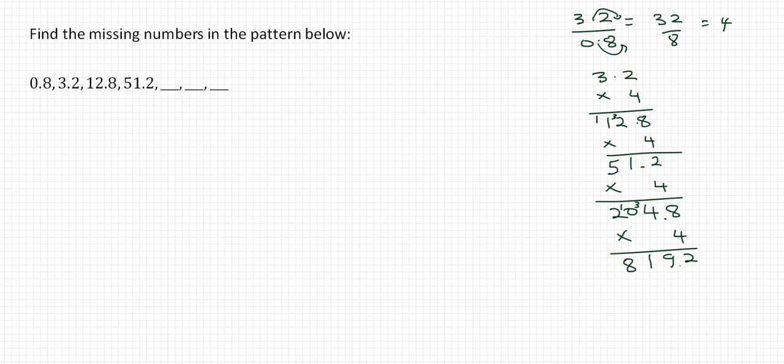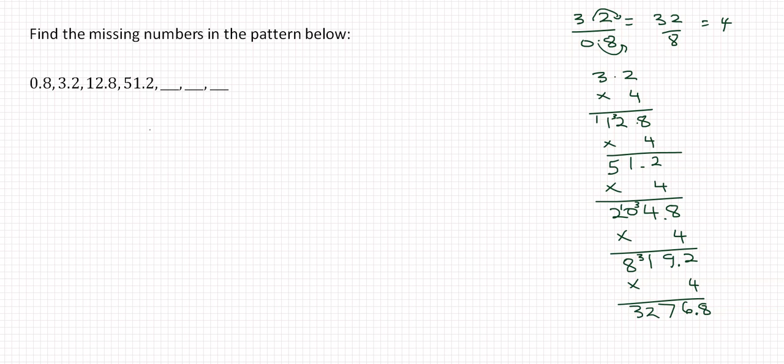We now have one decimal place here. Then we multiply again by 4. 2 multiplied by 4, we have 8. 9 multiplied by 4, we have 36. We write 6 and we bring 3 up here. 1 multiplied by 4, we have 4 plus 3, 7. 8 multiplied by 4, we have 32. And you have one decimal place.